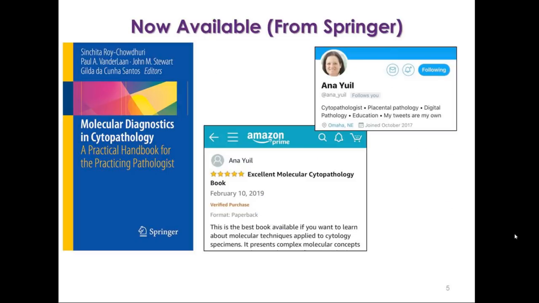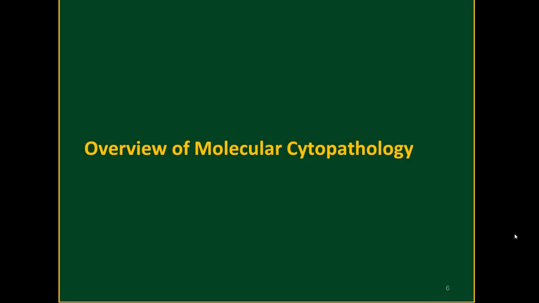And I do want to give a shout out to Anna, who gave us a really excellent review. This book is currently available on Amazon and through Springer. So what I'm going to do today is give you an overview of what we discuss in more detail in the book.